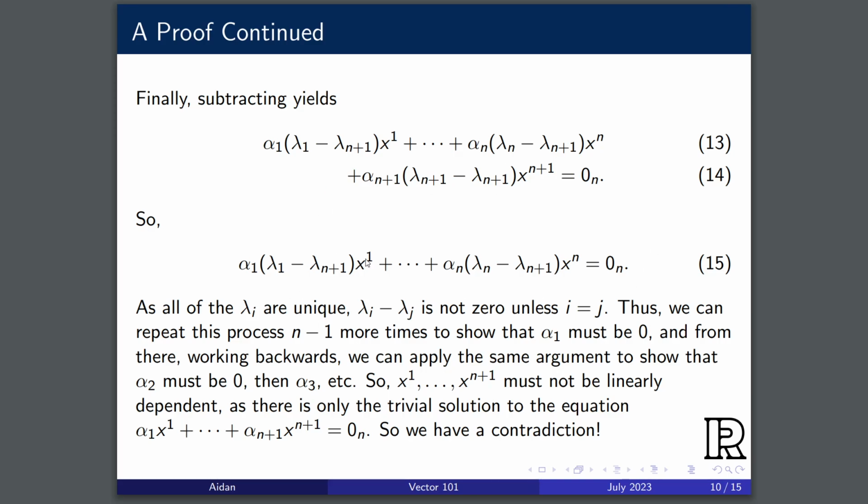And we can just run the same argument over and over again until we've reduced it all the way to 1 term. And if we have alpha x equals 0, then either x is 0 or alpha is 0, and x isn't 0, so alpha must be 0. Yeah. Are there any questions about the proof?